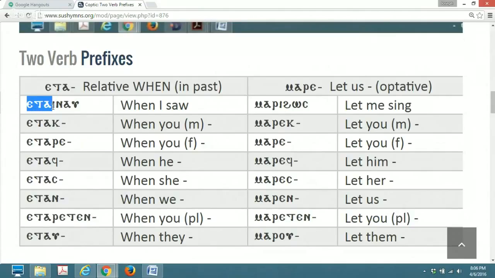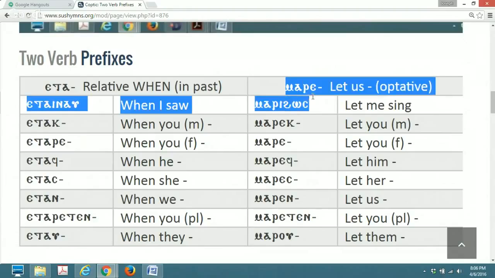So it, I, nav, that means when I saw. Itak, itare. Remember, basically, this is the past tense here, so we're not really learning a whole lot or changing a whole lot. It's the same thing, and we're going to see this again today in today's lesson. But we're just adding this it in front, and that then changes the meaning a little bit.